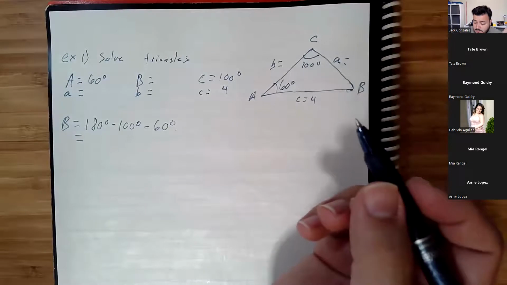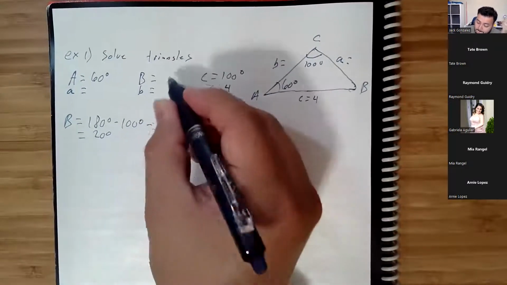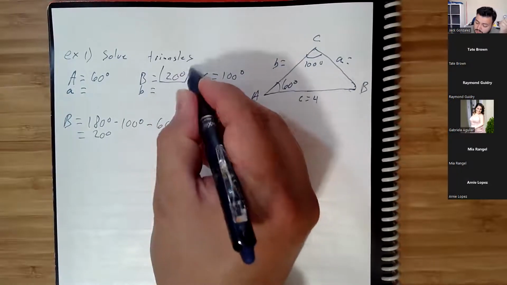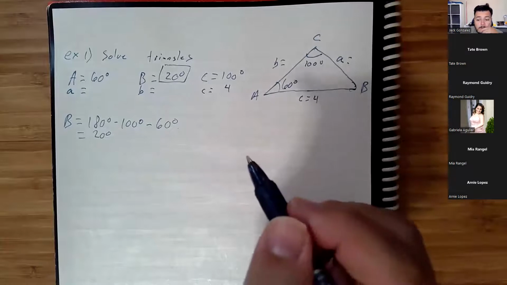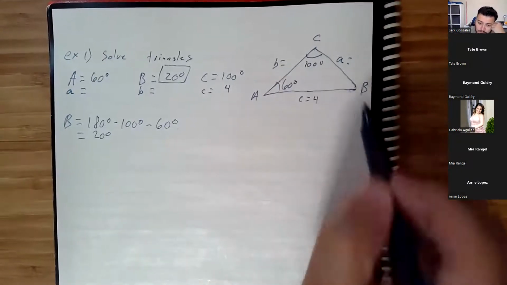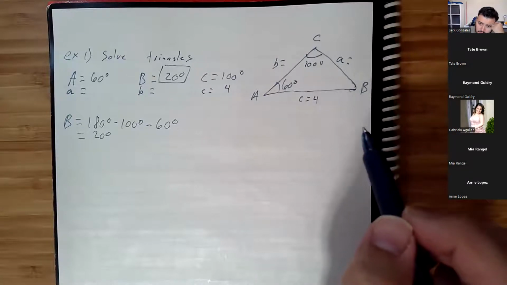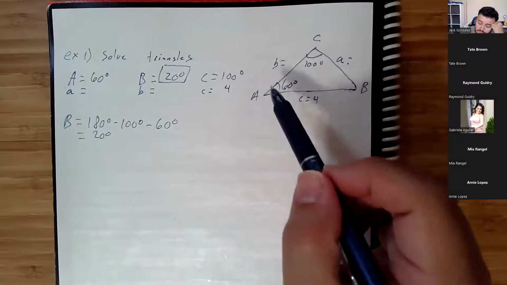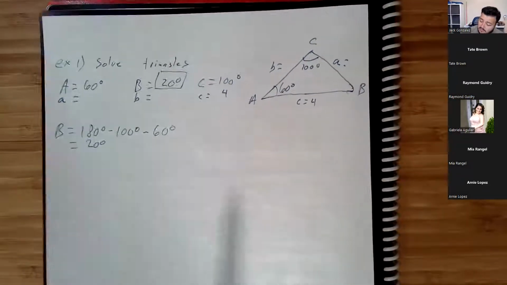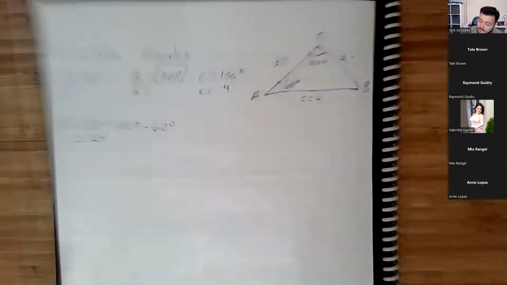That would be 20, right? I'm going to box the ones that we found so I know which ones were not given. So now we have capital B. So you need to use law of sines. This is case one, I think. Let me see. One side and two angles. That's case one.